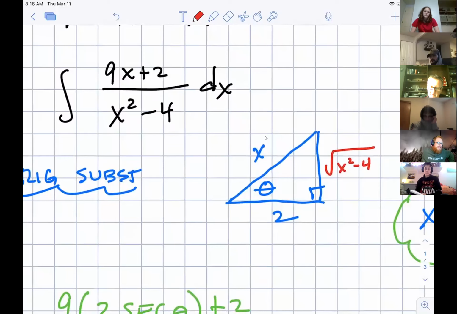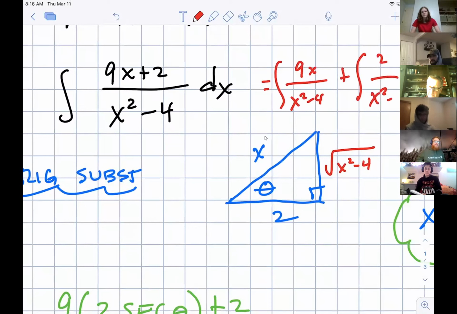In other words, I'm going to erase this, but couldn't I have said this is the integral of 9x over x squared minus 4 plus the integral of 2 over x squared minus 4? Like, might that have been easier? The answer is, yeah, that might have been easier. That might have saved us some trouble. Maybe it wouldn't have, I don't know, but that's an option for sure.